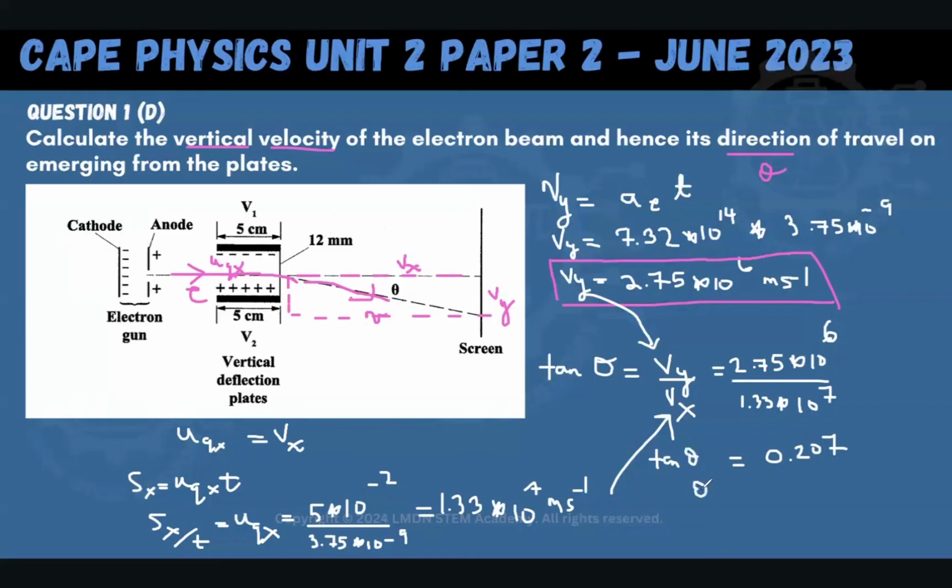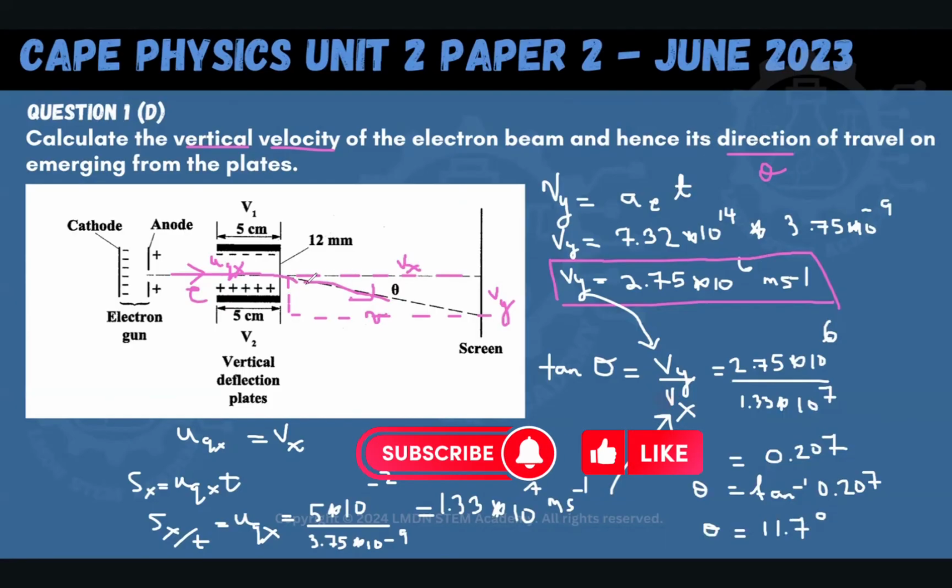If I need to find theta, I'm going to do inverse tan of that number. So that would be tan inverse of 0.207, and that theta will be equal to 11.7 degrees. So that is the direction of travel as the electron emerges from the plate.